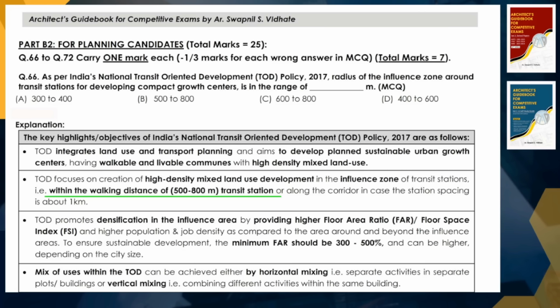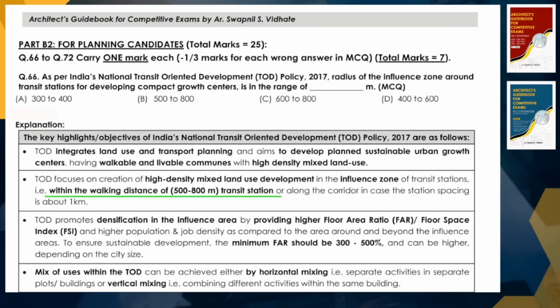To ensure sustainable development, the minimum FAR the TOD policy focuses on is in the range of 300 to 500%, and it can be higher also. Then the next goal is TOD focuses on a mix of uses within the TOD zone, which can be achieved either by horizontal mixing, that is separate activities in separate plots and buildings, or vertical mixing, that is combining different activities within the same building.